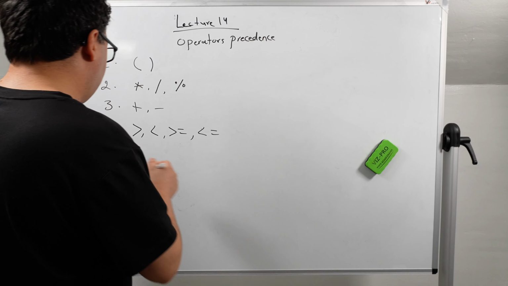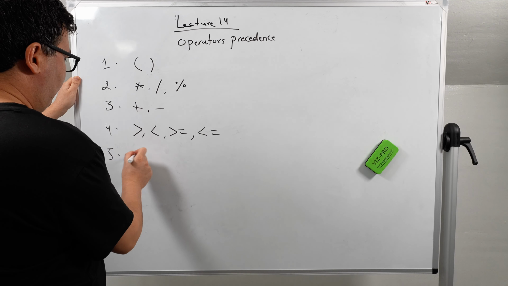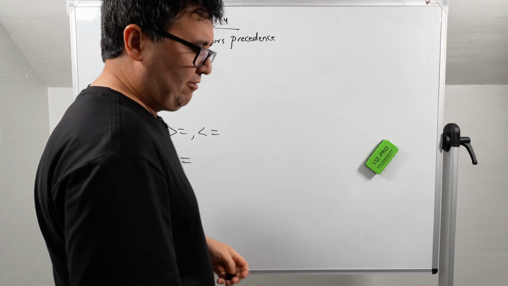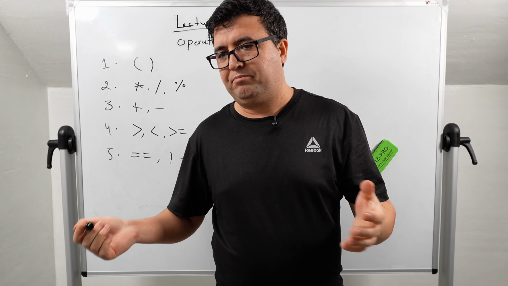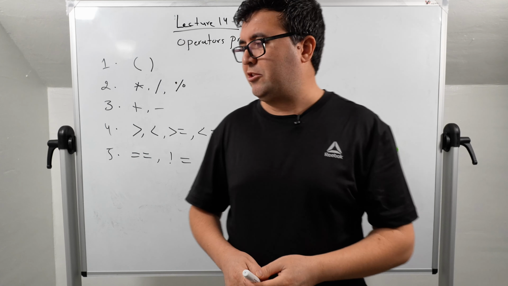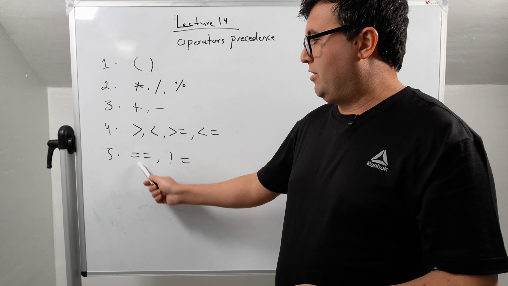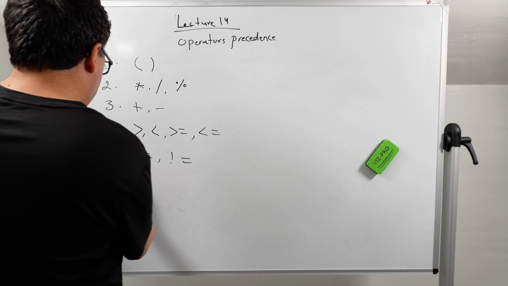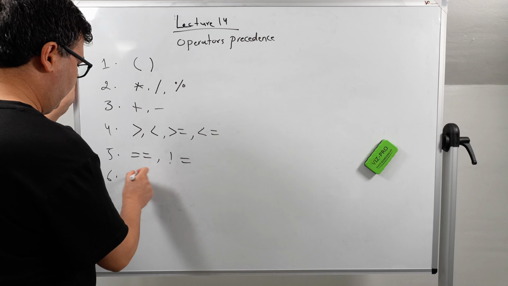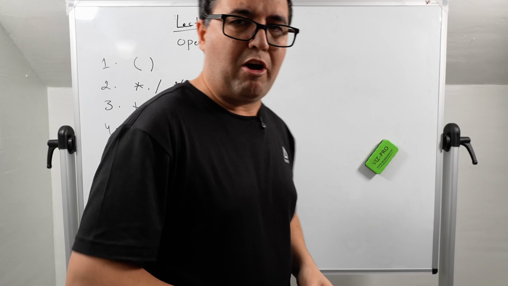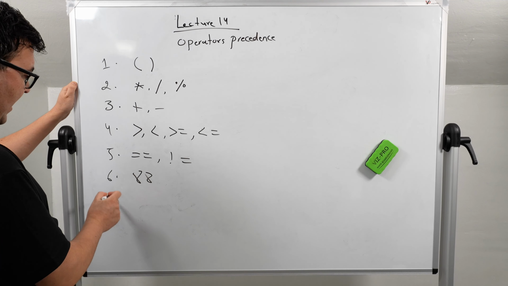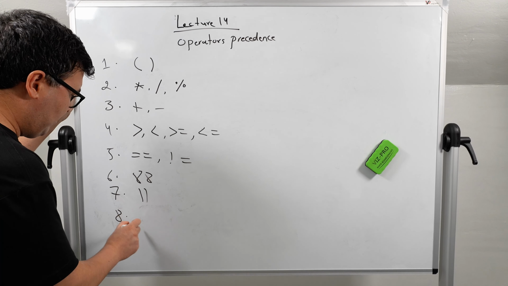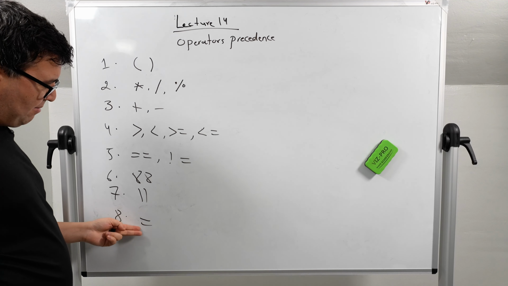After that, we have the equality operators, equal to and not equal to. Then we have the logical AND operator, then logical OR, which we studied. At the end are the assignment operators.